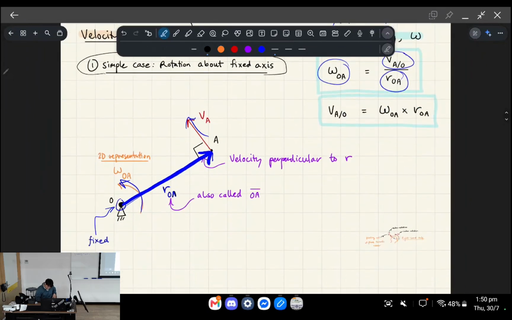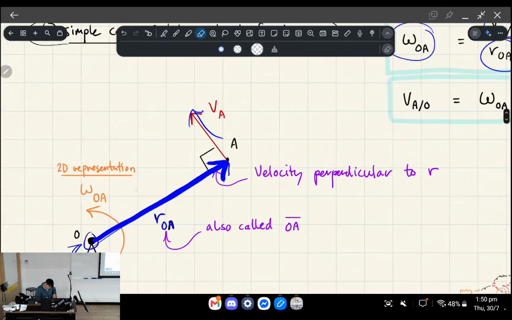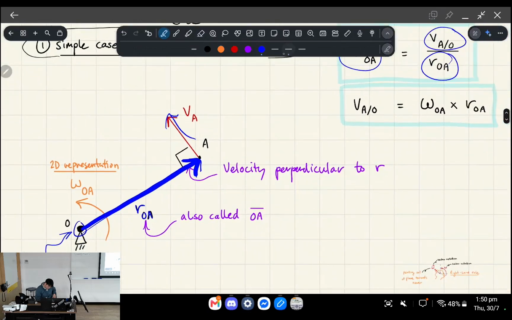Okay, so what we do is, if you have angular velocity like so, and there's this point that's fixed, point O is fixed. The other end of your rod, let's call that point A, the velocity can only be tangential to that lever arm, or tangential to the rod. In other words, if you've got a counterclockwise angular velocity, it's going to result in a linear velocity of A that's 90 degrees to the rod.